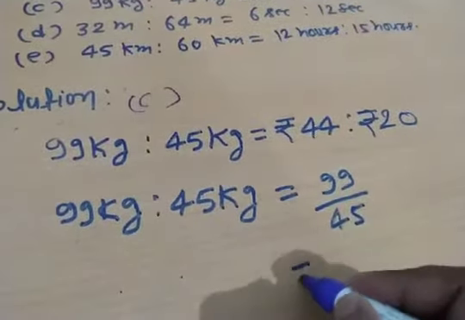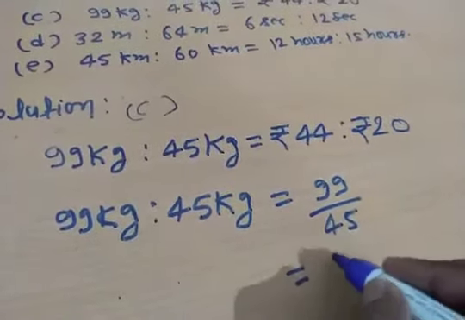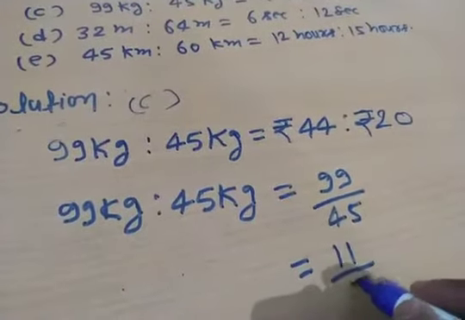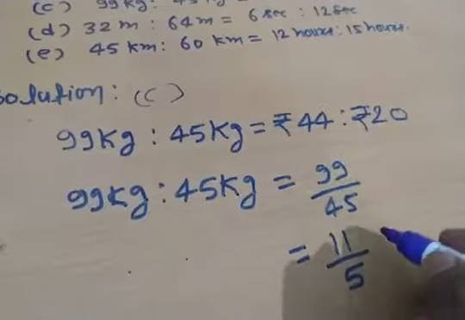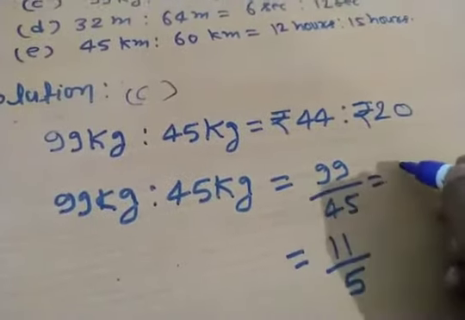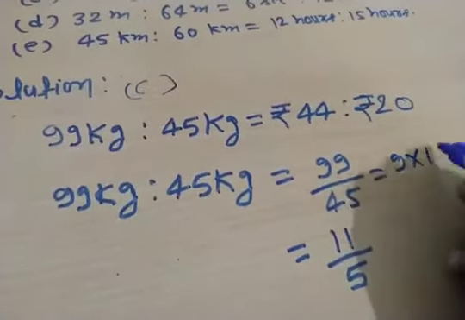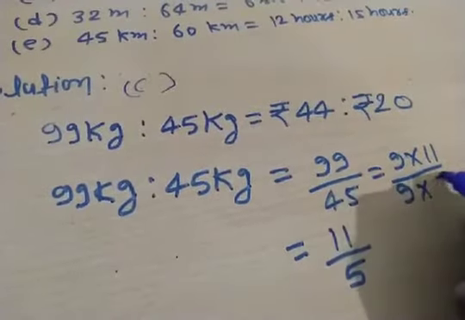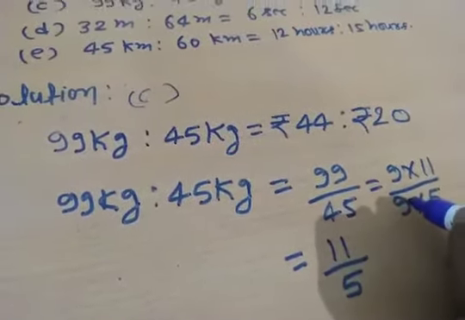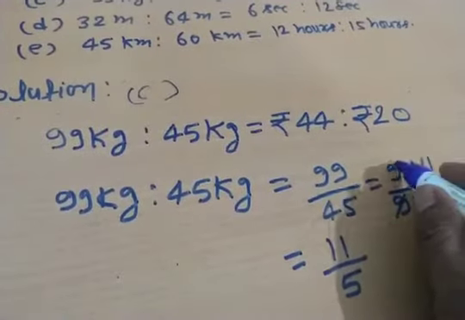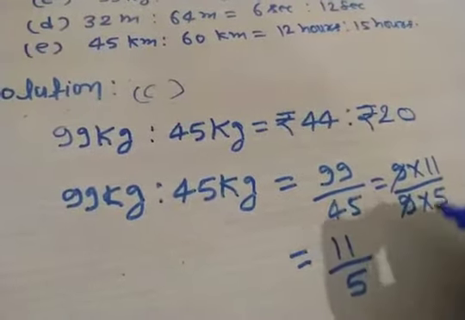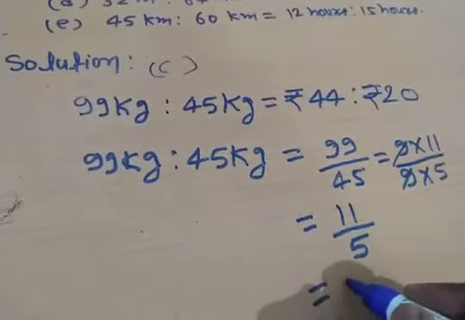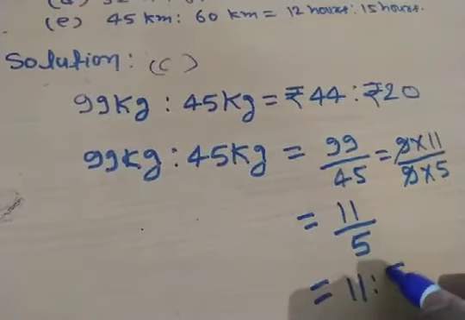Simplify it, we obtain 9 times 11 is 99 and 9 times 5 is 45. You can write here 9 into 11 and 9 into 5. So 9 will be cancelled, we obtain 11 by 5. So in ratio we obtain 11 ratio 5.